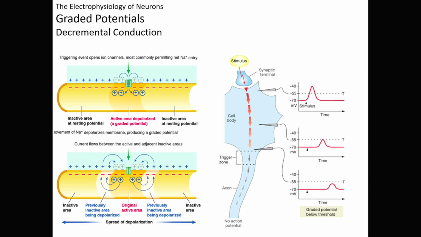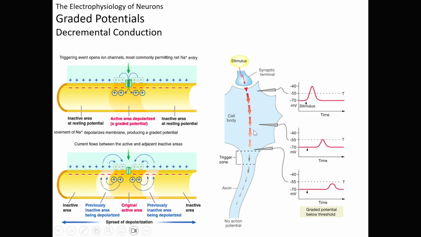Let me end with this here. This figure is showing us a neuron, and we can see that it's being stimulated right here. And we can see they've got these little recording electrodes that they've shoved into various locations of the neuron.